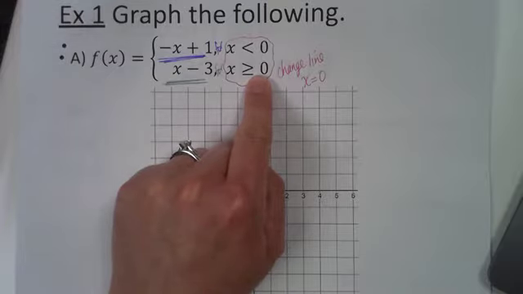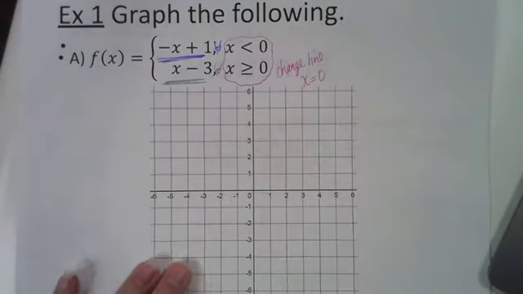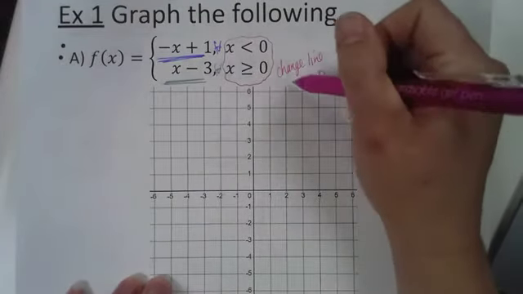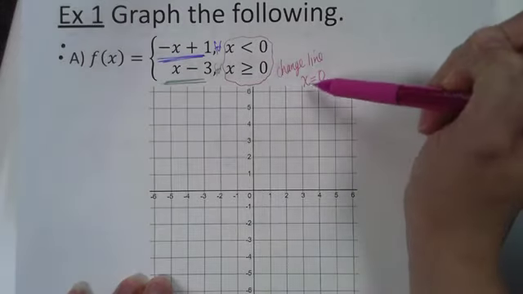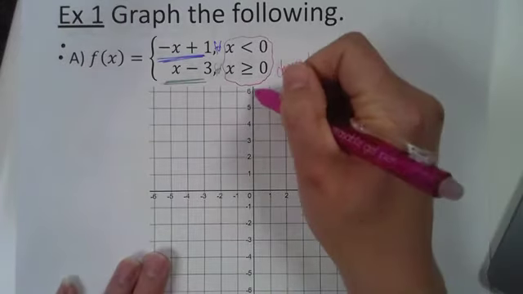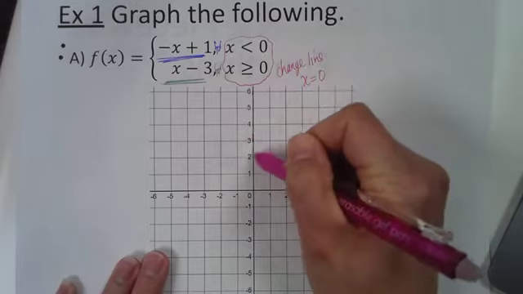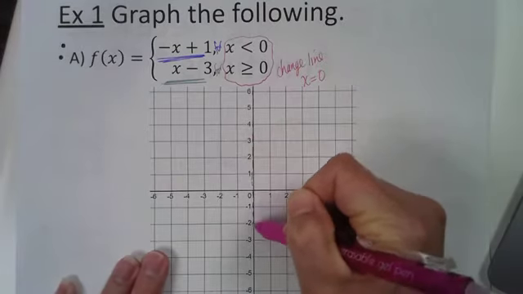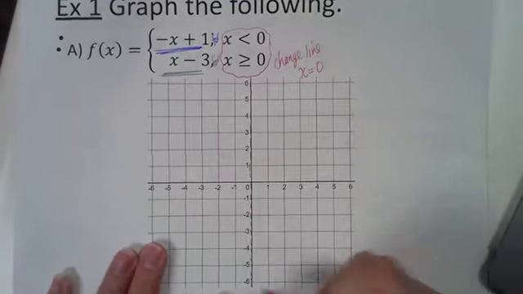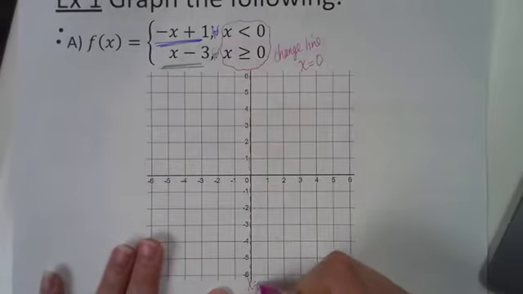Do you see how that works? Okay. What I'm going to do is go ahead, and you might want to do this. Things are going to change right around 0 here. x equals 0 is a vertical line. So I'm going to draw in a little line right here, this vertical line at x equals 0.